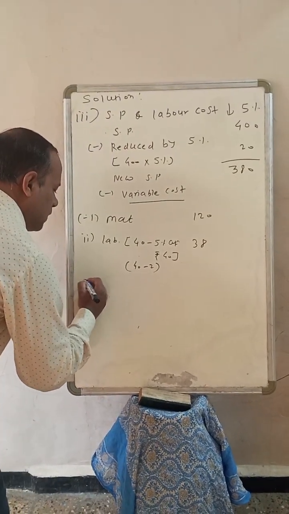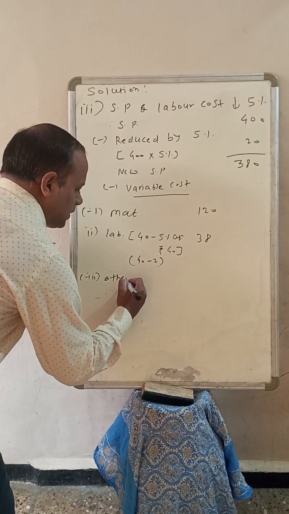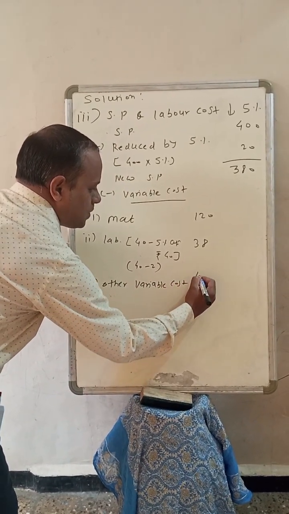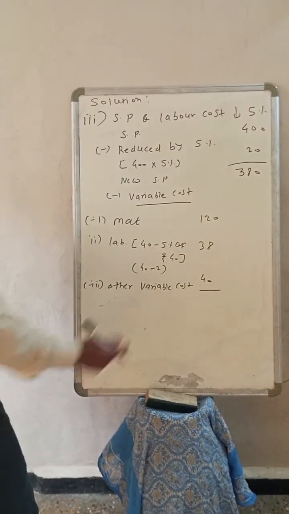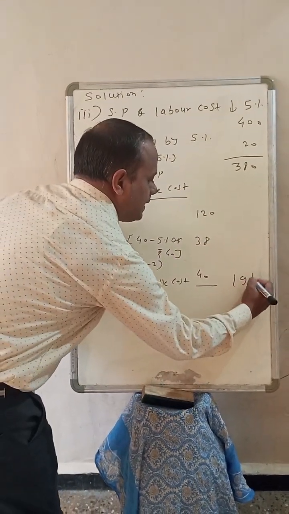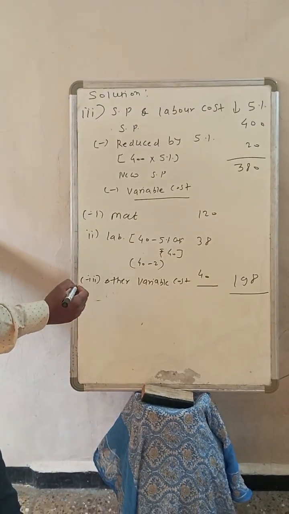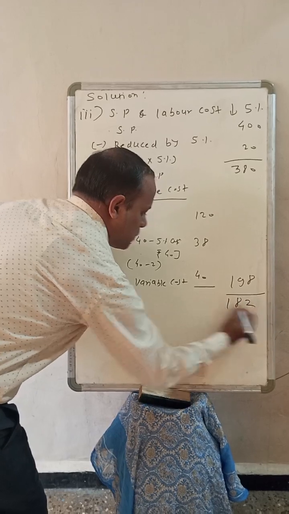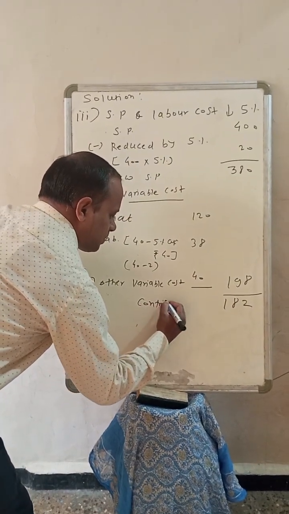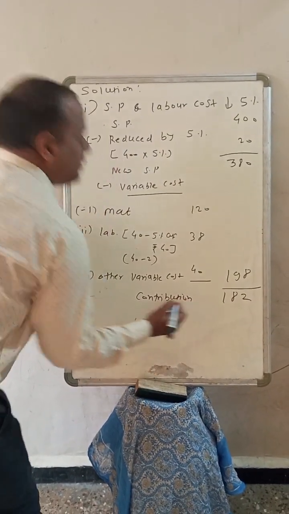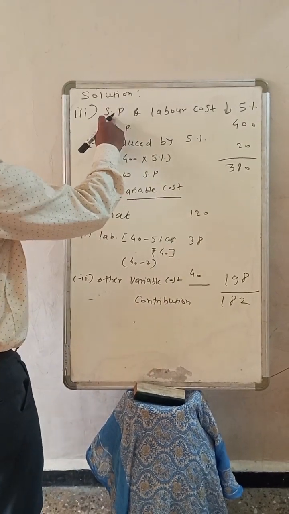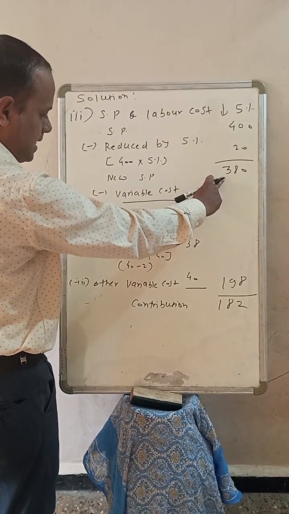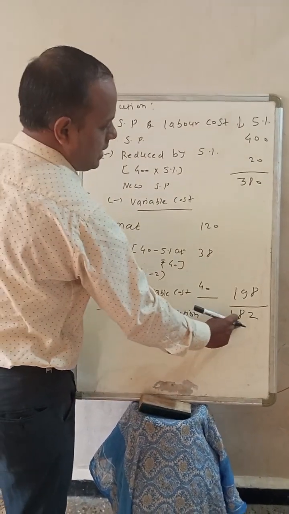And last one is other variable cost. Other variable cost 40. So total of these three is 198. So revised contribution is 182. That is, if we reduce the selling price and labor cost by 5%, your new selling price is 380 and contribution is 182.